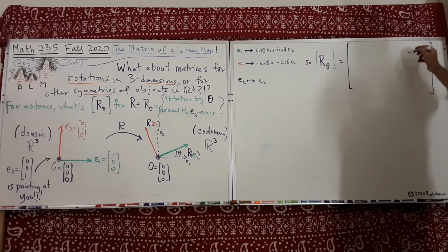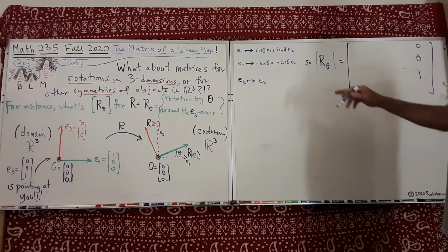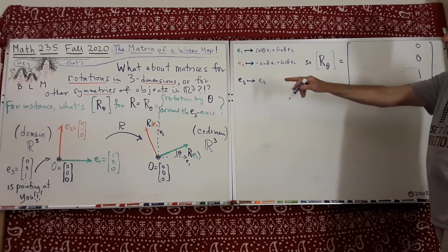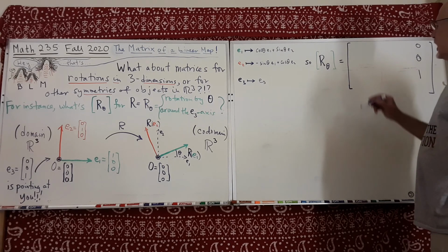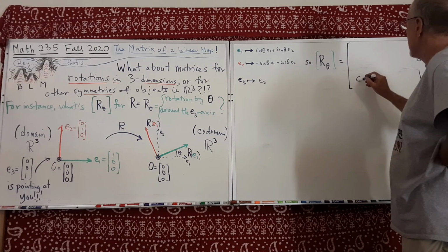Well, the easiest one is the third column, because that's just 0, 0, 1, right? E3 and E3. The first column looks exactly like what it did in 2 dimensions. It's just that there's no, I could write, plus 0 E3. So this guy is going to be a 0 down there.